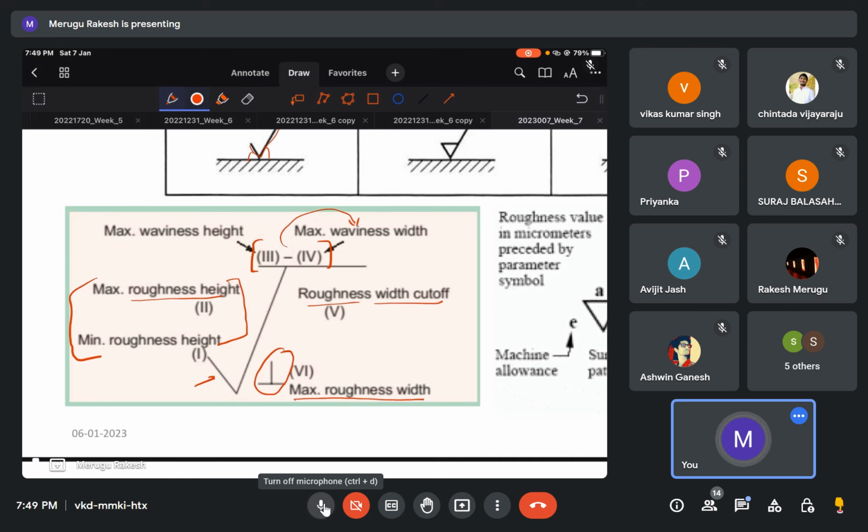In this area I will give the machining allowance, meaning how much material allowance I have given for this machining, and somewhere here I will mention the type of machining that you want to perform. So these are the complete details of the thing that I want to do.